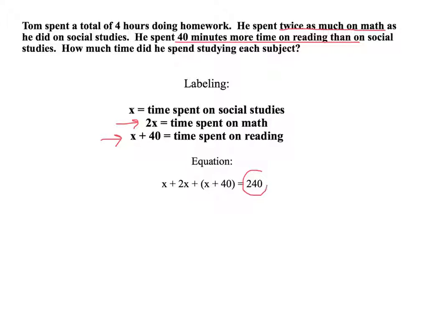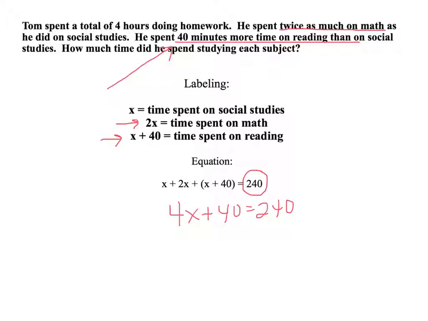240. Remember, because I'm talking about minutes in this problem, that 40 minutes, I need to keep everything in the same denomination. So I changed 4 hours to 240 minutes. Then, as I go through and solve this, I would get 4x plus 40 is equal to 240.